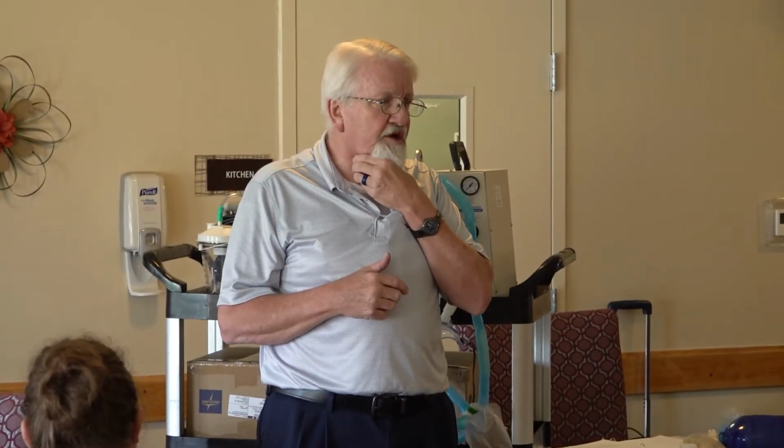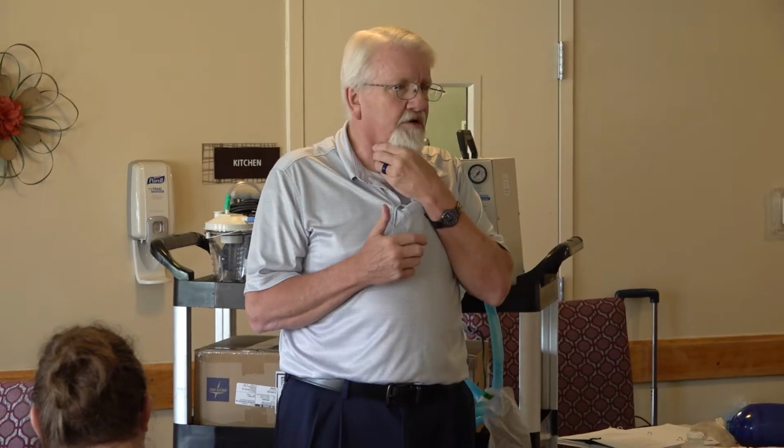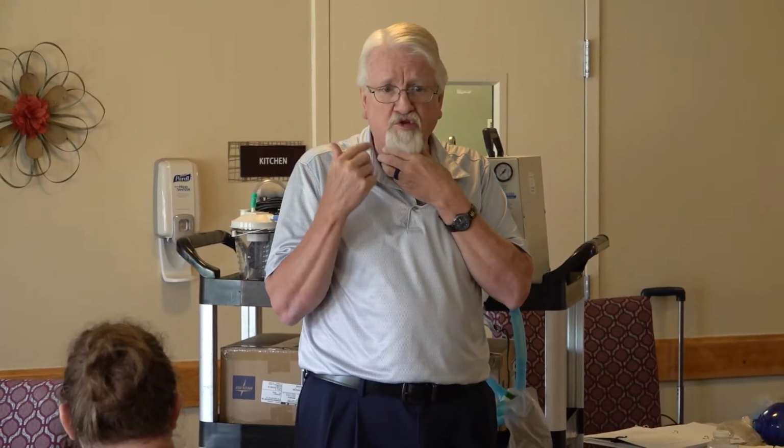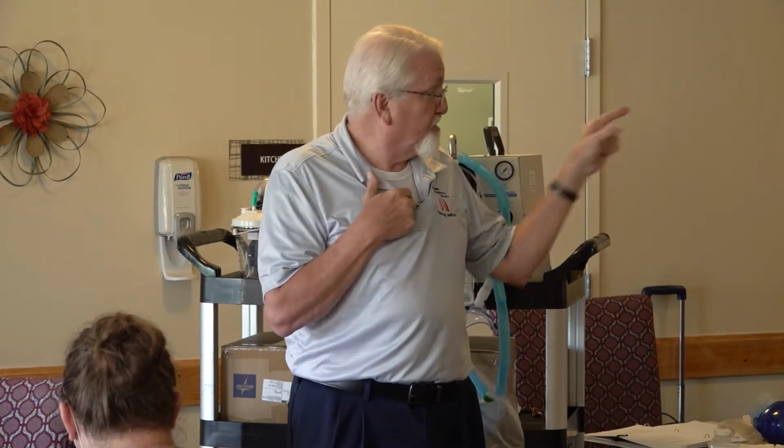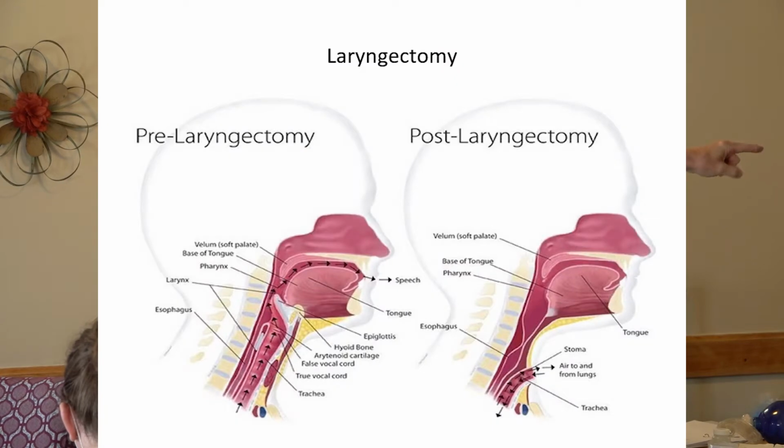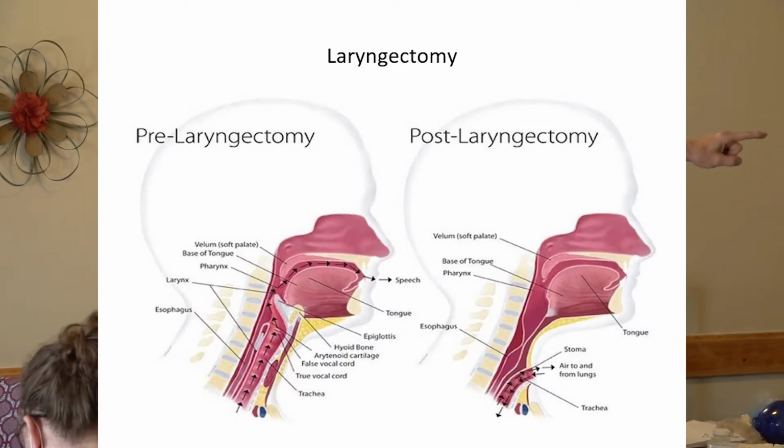A patient that's had a laryngectomy done, this has been removed, usually for cancer or tumor sometimes, so they'll remove all this. When they do that, you'll see on that diagram, now look at where the airway is under post-laryngectomy. The airway comes out right here.